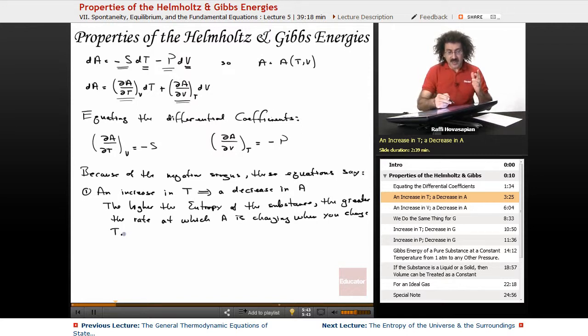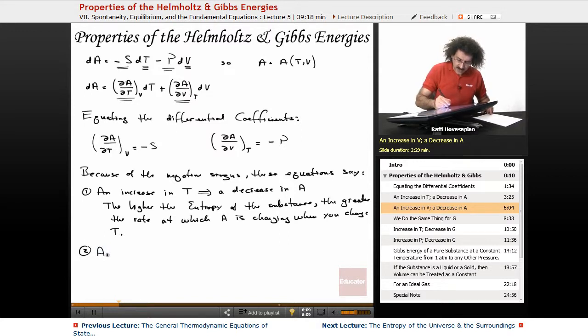Now, if my entropy was actually higher, if it was 100, then it's going to decrease by 100 joules for every degree Kelvin. That's what this means. The higher S is, the faster something is going to drop, because of the negative sign. That's all this is saying.